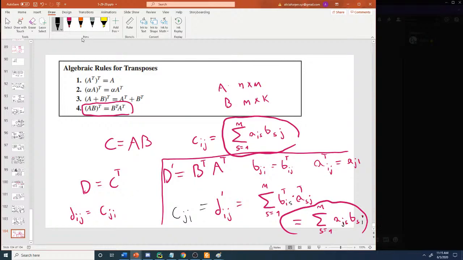So this shows that d is equal to d prime, and both sides of this equation are equal.